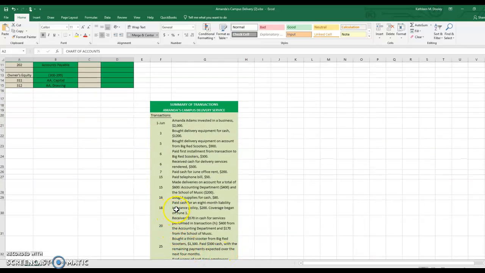Okay, so the next one, we paid cash for an 8-month liability insurance policy. Okay, so we're receiving an insurance policy that we own and we haven't used it yet, and we're giving up cash.